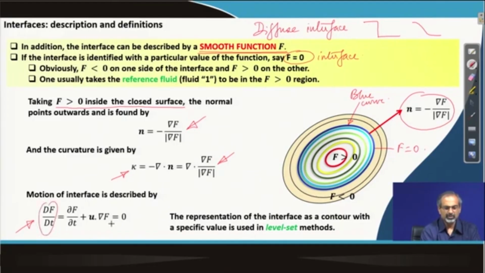And therefore, the motion of the interface, no matter where it goes, will always be defined by the substantial derivative of f equal to 0. Now, this kind of representation for the interface as a contour with a specific value, in this case f equal to 0, is used in one category of methods for interface tracking, which is called the level set methods.